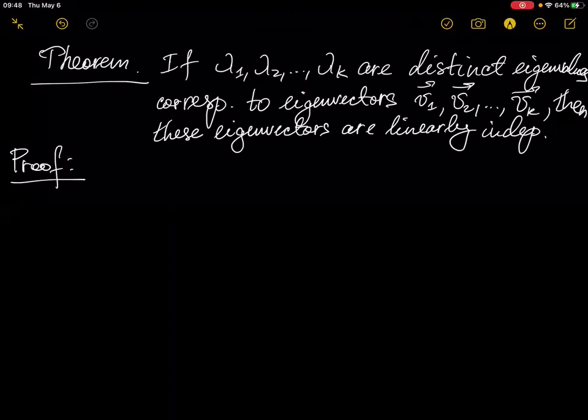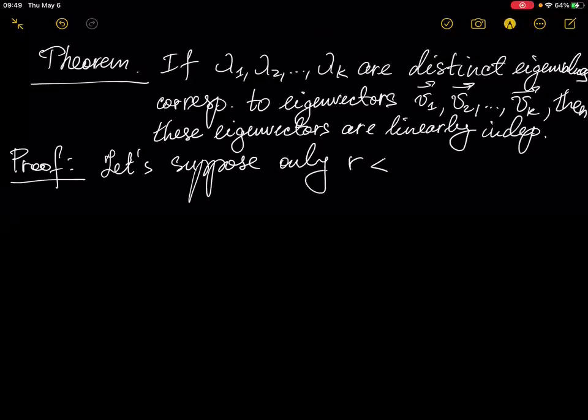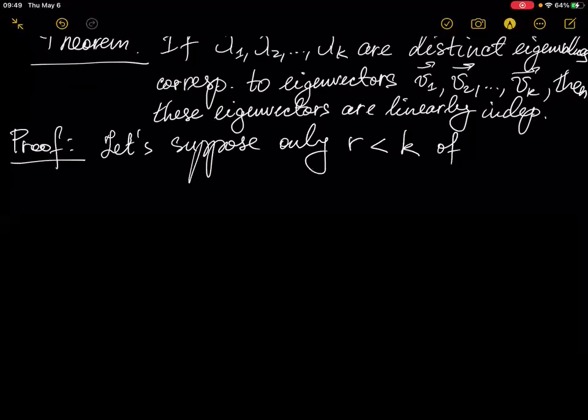Okay, let us suppose that only R, which is less than K, of vectors are linearly independent. Okay, what does it mean?